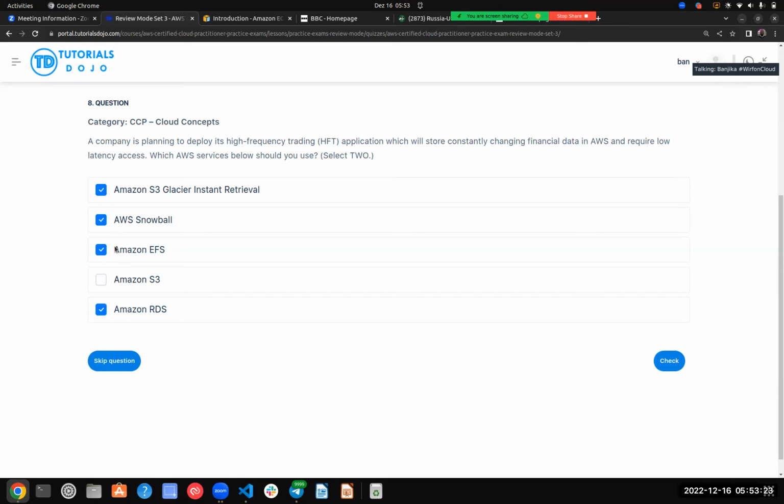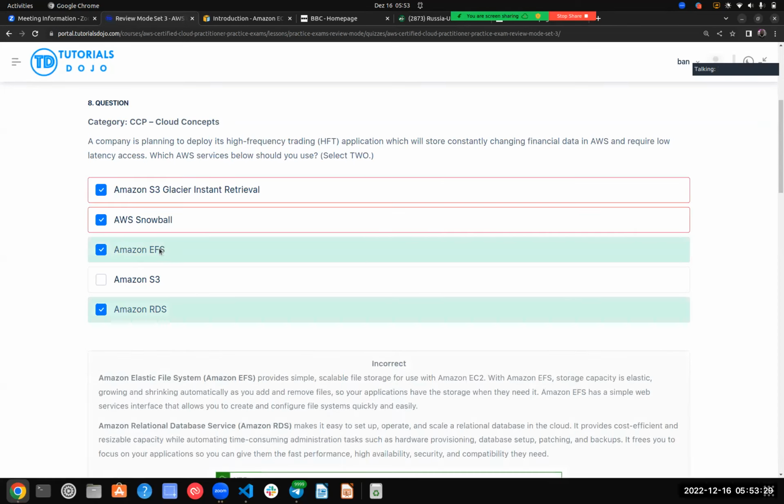Okay, so we have had all of this. So let's see which one is correct. It's definitely C and D, C and E. Now, what is Amazon S3? What's the definition of Amazon S3? S3 is just for storage.